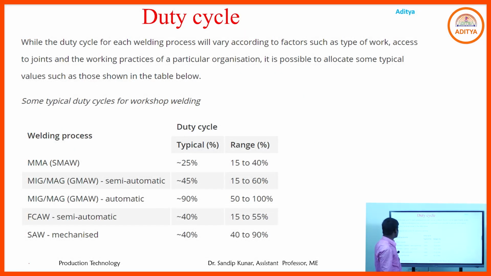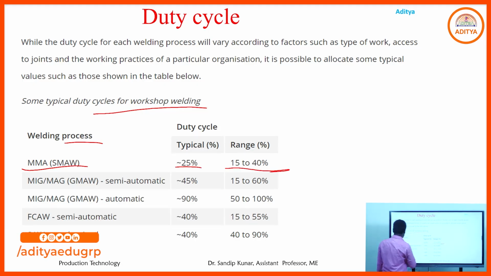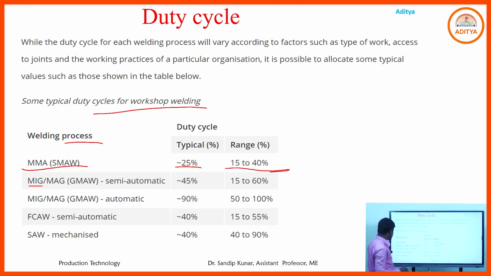Some particular duty cycle percentages are taken in the case of workshop welding. For MMA, manual metal arc welding, the typical duty cycle is about 25% and the range is 15 to 40%. For MIG, gas metal arc welding, semi-automatic, about 40% duty cycle, with a typical range of 15 to 60%.